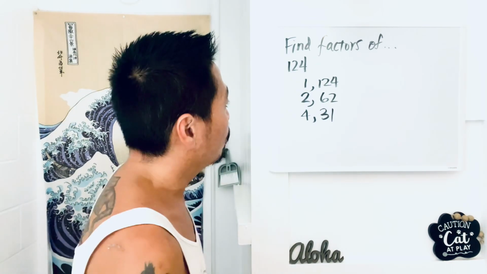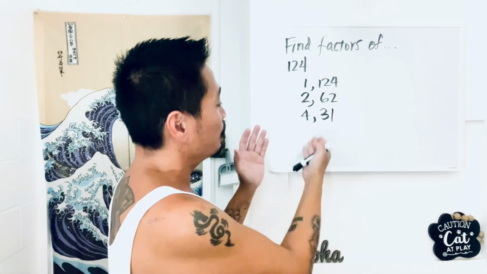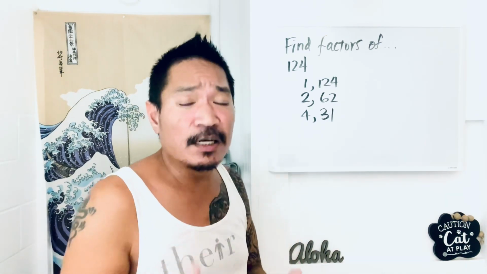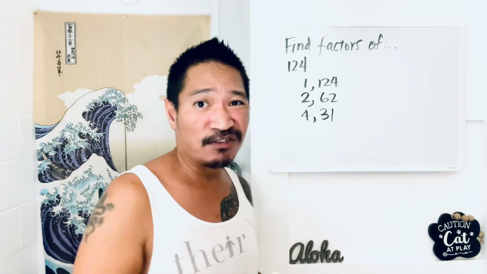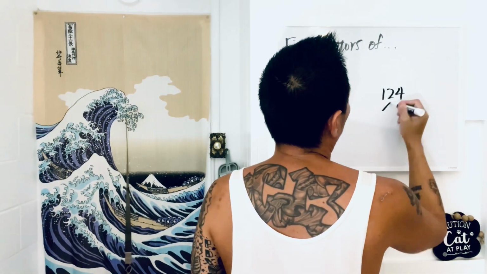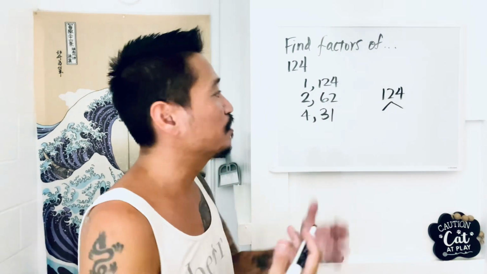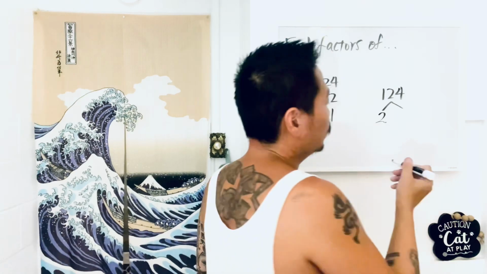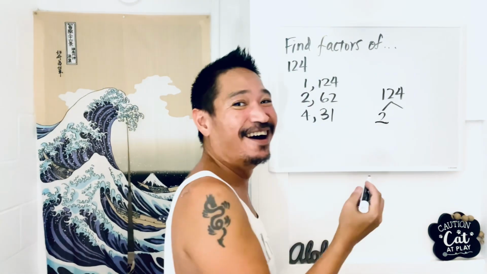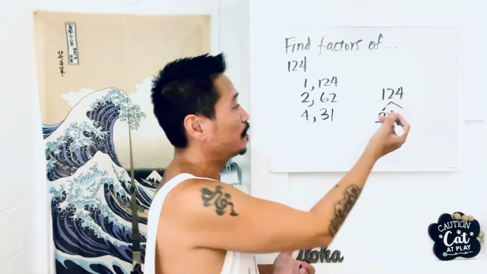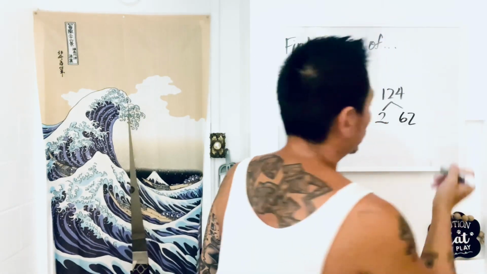Here's a hint. If you get stuck with this method and you're checking bigger numbers between 4 and 31 and you're getting a little stuck, there's a trick that you can do. Remember prime factorization? You can actually prime factorize this thing. Since it's an even number, I'm going to divide by 2. I got 2 times 62.